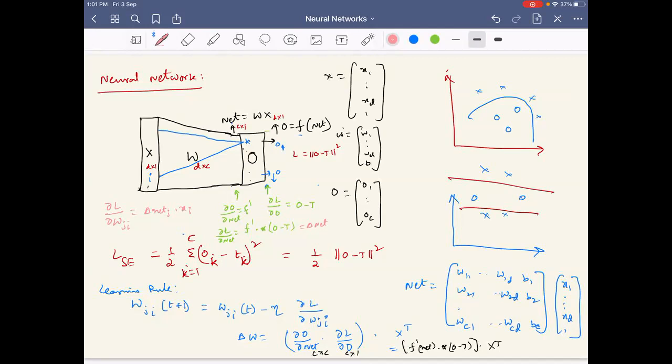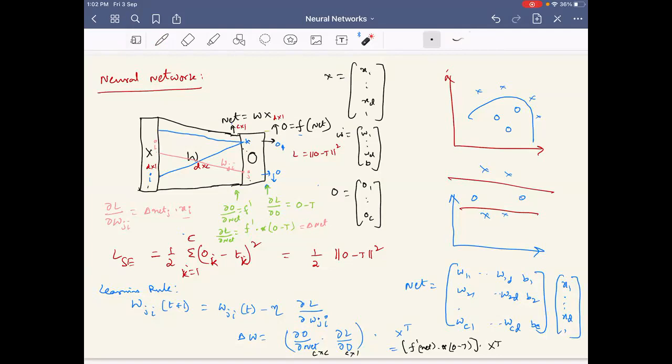So if you want to update the weight Wji, with j here and i here and xi related to this, then delta Wji needs the corresponding input multiplied with the error delta net j.